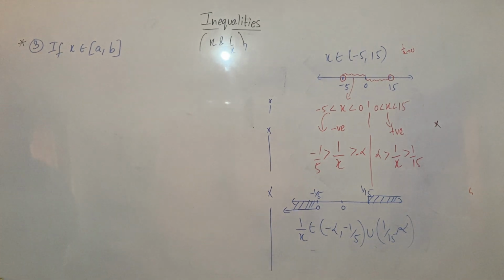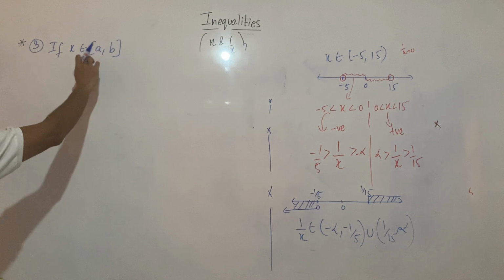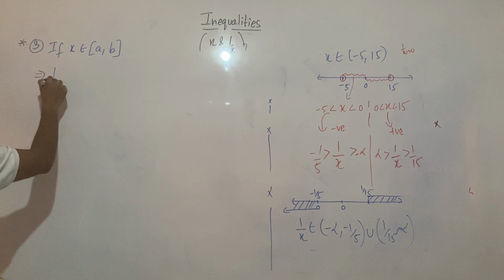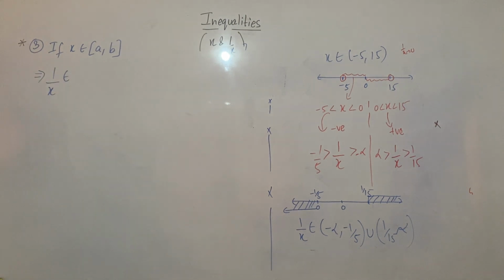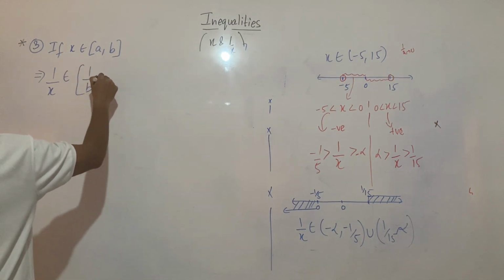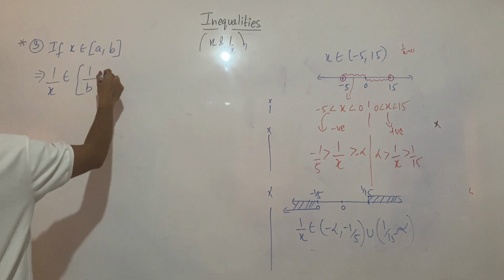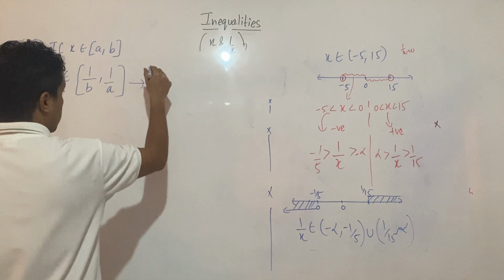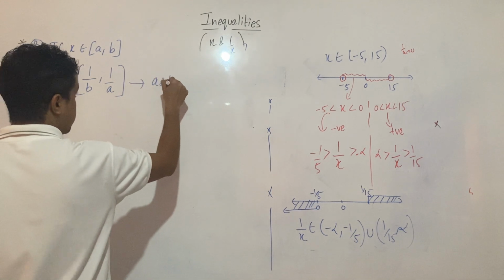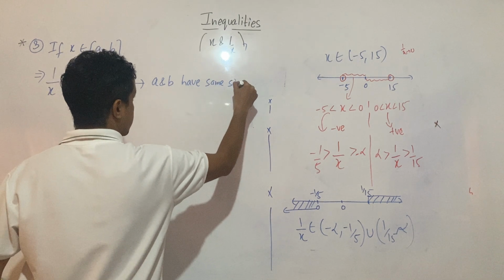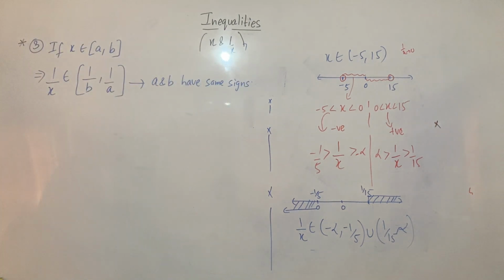Then 1 over x will belong to the closed interval 1 over b to 1 over a, on the condition that a and b have the same signs. Understand?